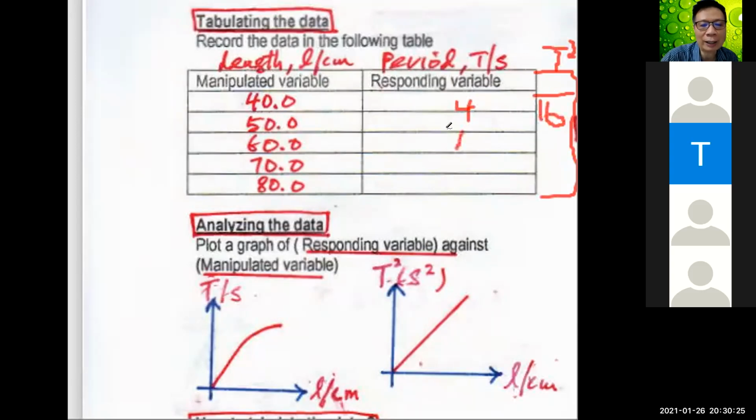If here is 5, here 5 squared becomes 25. Like that, you square it. Understand the meaning of T squared? When you square it against the L, you get a straight line. If you use this against this, you get a curve. Okay?